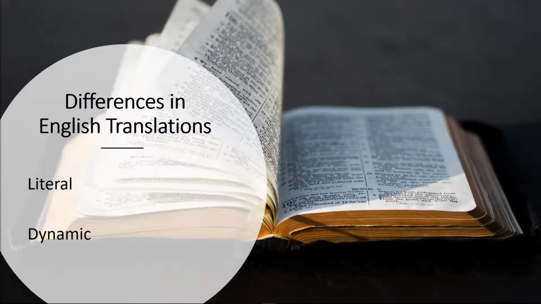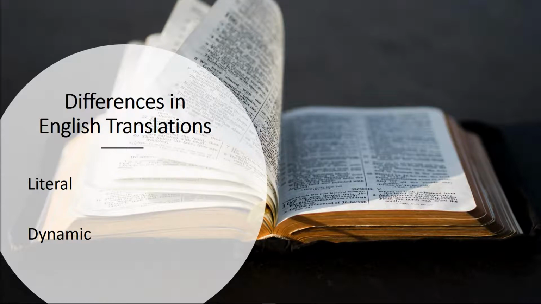The advantage of this method is it's getting closer to the thought of the passage. The problem, of course, is there's interpretation going on. Quite frankly, they might get it wrong. There's interpretation in literal translations as well, but the belief is there's not as much.